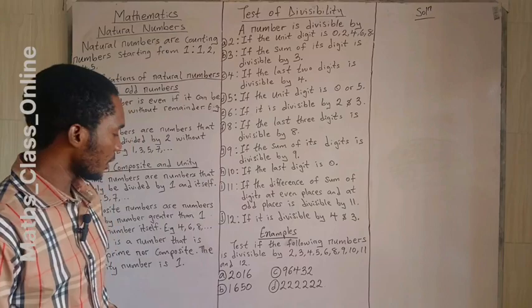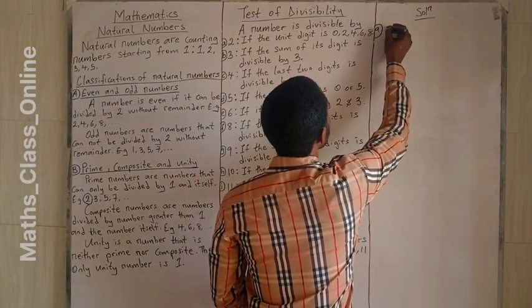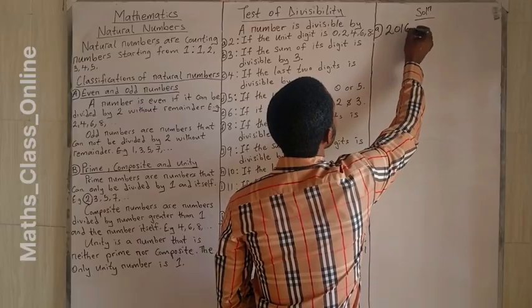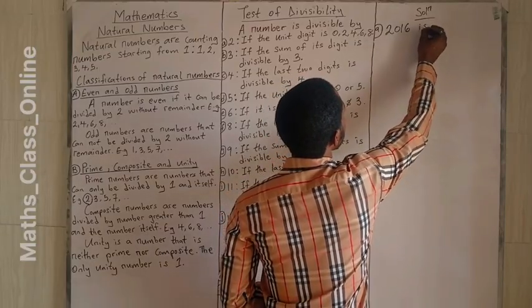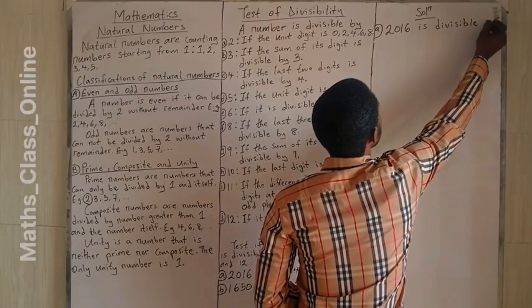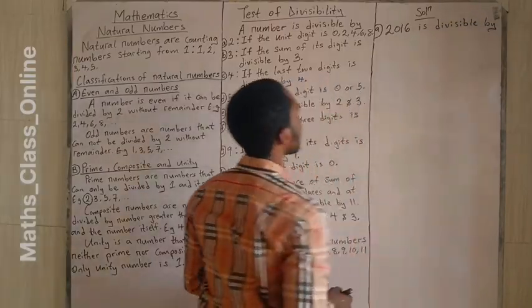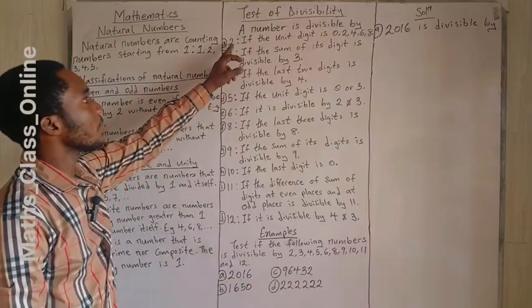The first number we have is 2016. We want to test if 2016 is divisible by 2.